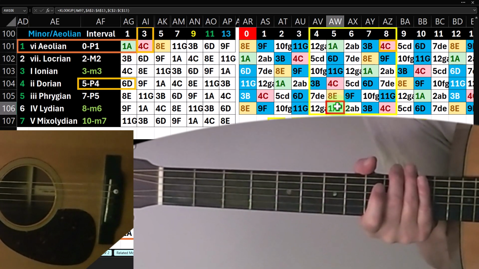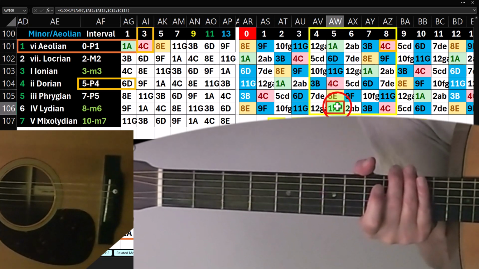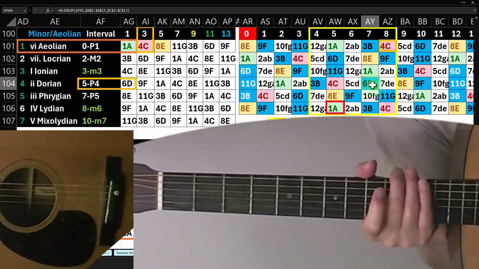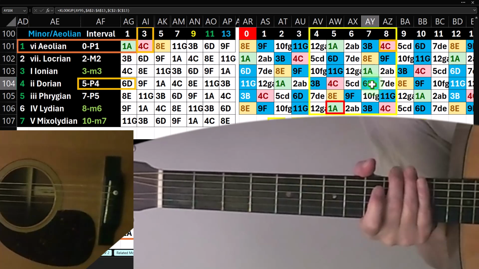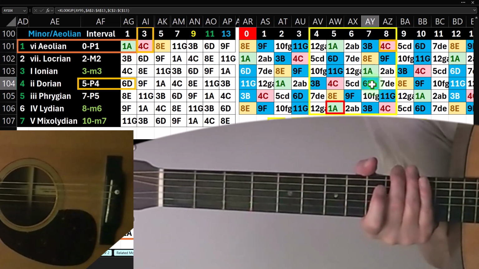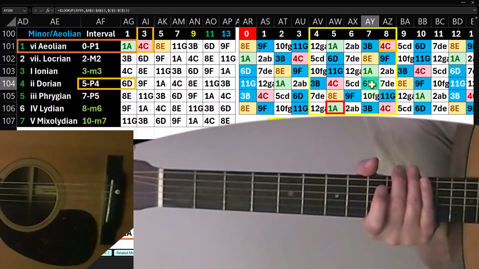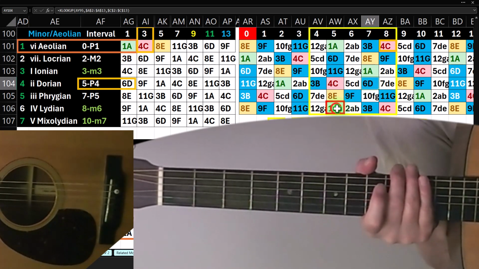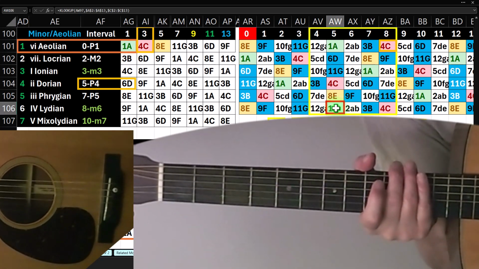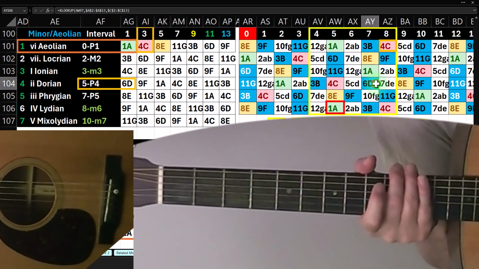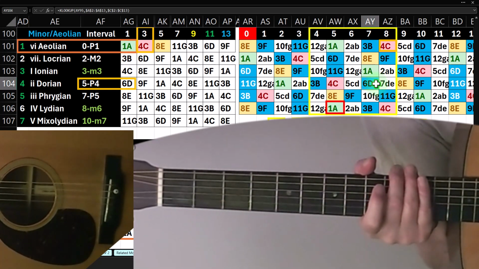Whether I'm playing in C major and related modes or G major and related modes, doesn't matter. If I find the Aeolian note within that set of notes, and then I find the Dorian, there's going to be a distance of a 5-note away perfect fourth.